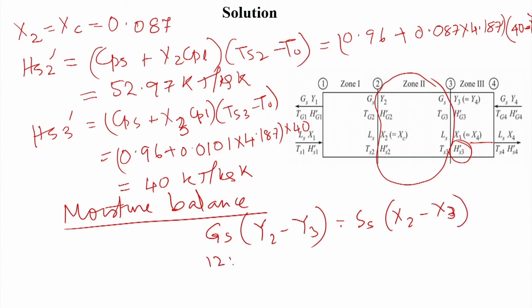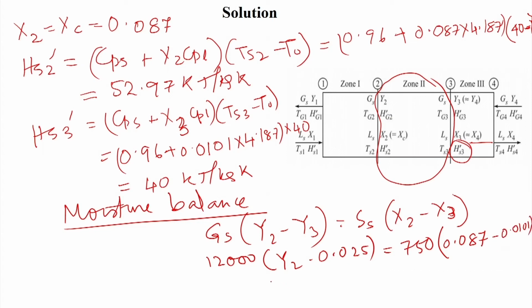So, this is 12,000 into Y2 minus 0.025, that is Y3 we have, is equal to 750 into x2 we have 0.087, and x3, that is x4, both are the same, 0.0101. So, from here we will be getting Y2, that is equal to, we can say, 0.0298 kilojoule per kg dry air.